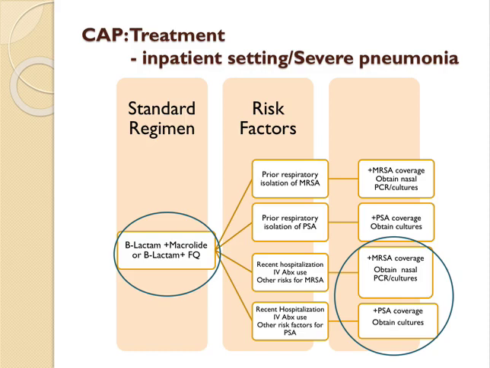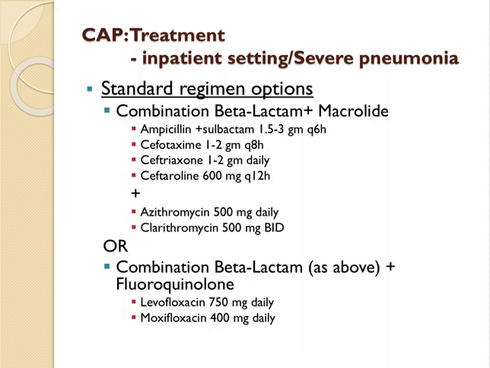So maybe that would be a scenario where we would just go ahead and start the coverage as well. And that was different from patients that are admitted with non-severe pneumonia, where you can actually hold off, in the lower two graphs.